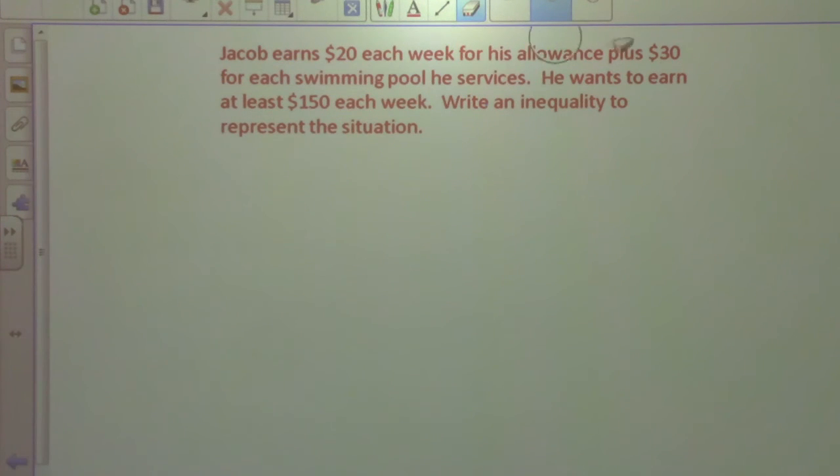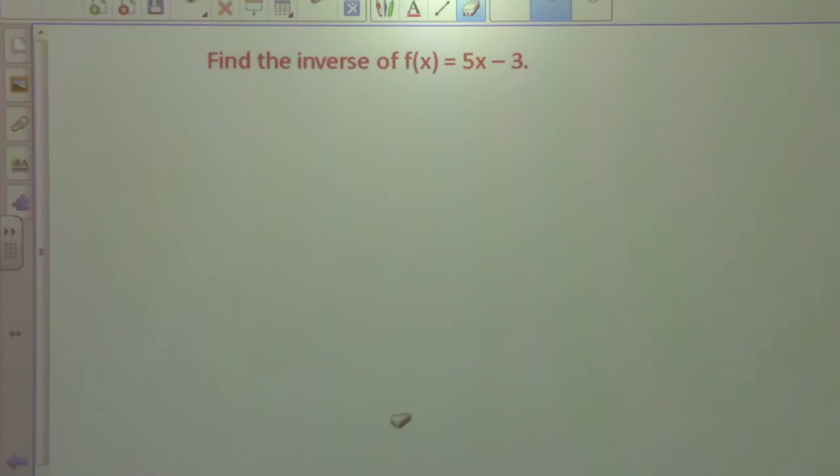Okay, next we have this one here, find the inverse, and I'm going to go ahead and put inverse function. The inverse function of f(x) equals 5x minus 3.